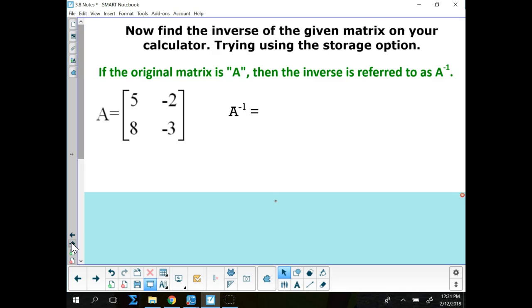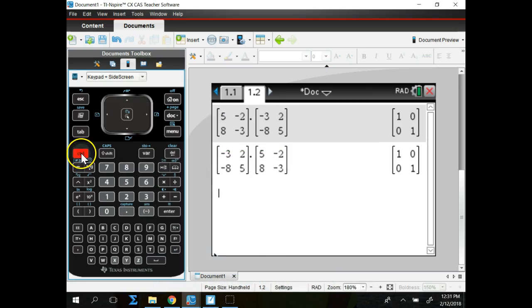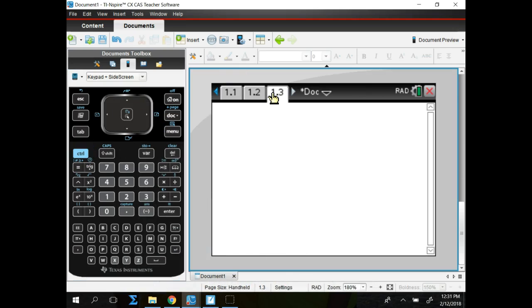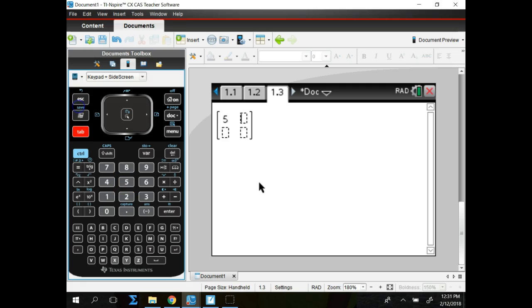The first way is you could store matrix A as A. So I can go about doing that by saying I want a 2 by 2 matrix and I want it to be 5, -2, 8, -3. Right? And I want to store.